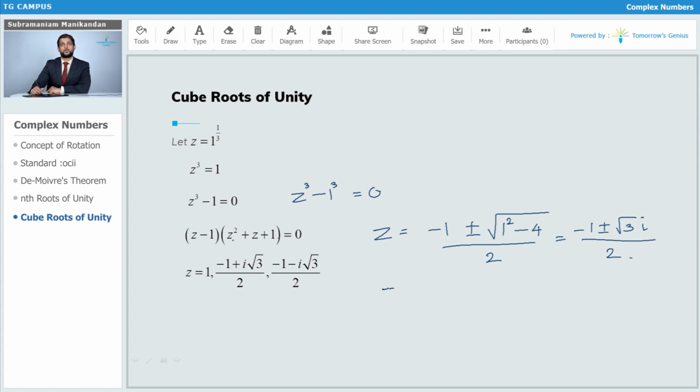So therefore we are getting two imaginary values for z, as expected.